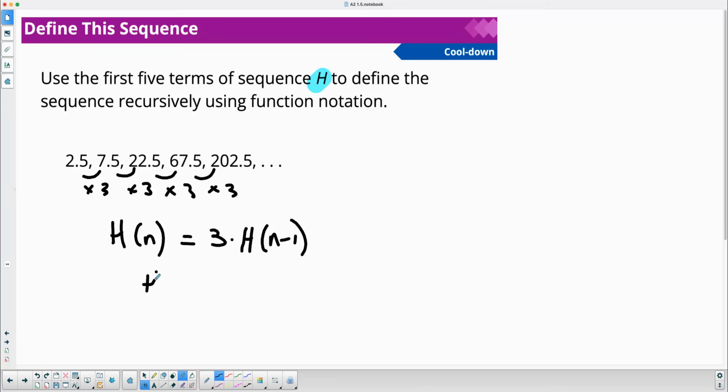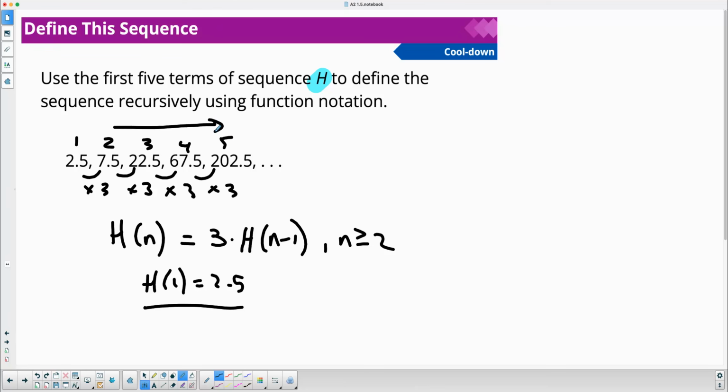Okay, we have to give the first term. There it is. And then they also like to say n is greater than or equal to 2 because we already know the first term, so we're not going to plug 1 in. We only plug in numbers from 2 on. And really, in all honesty, I don't like the way our textbook does this.